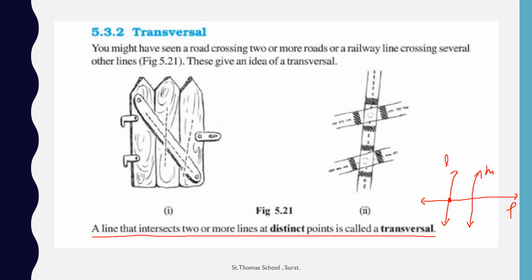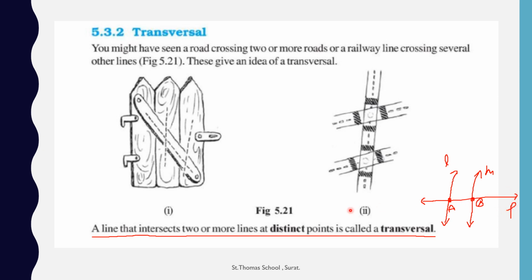Here one point, this is another point. So here we can mark A and here we can mark B. So which line is called transversal? Line P is called transversal because line P intersects line L and line M at distinct points. Different points. So we can say P is a transversal.